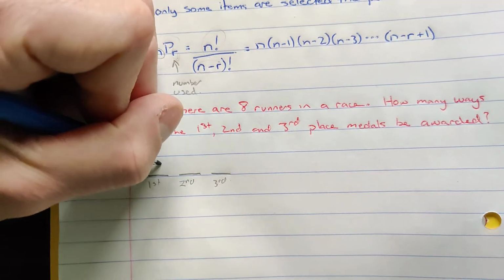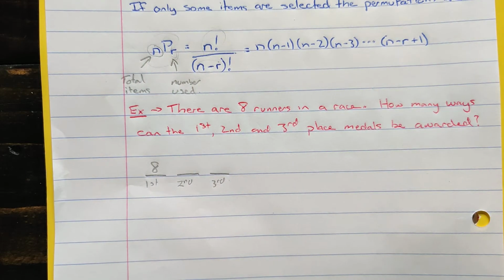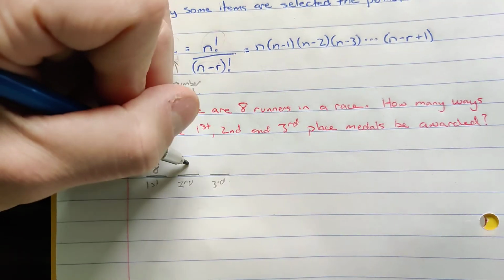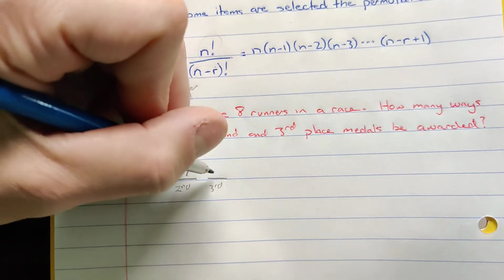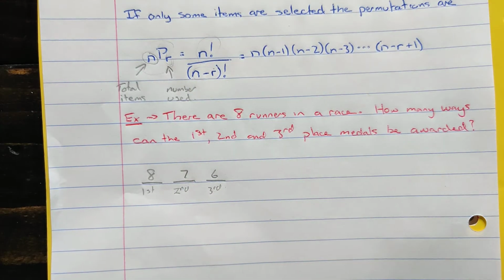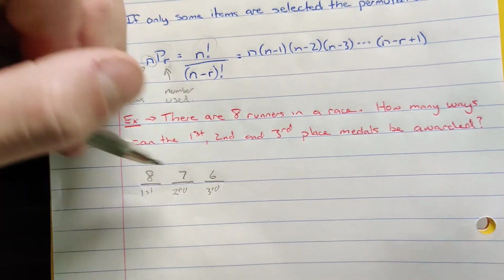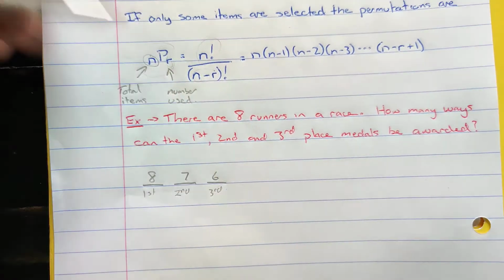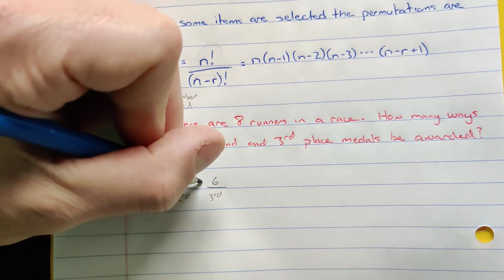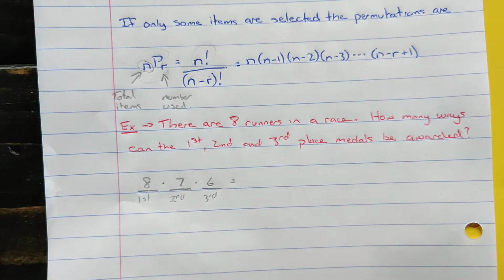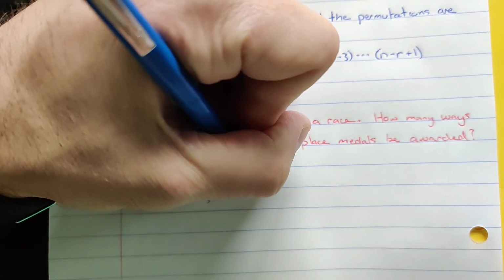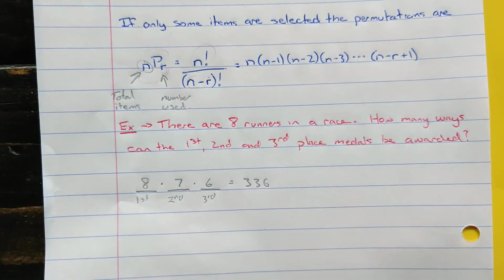Well, we have 8 people that could possibly come in first. Once we pick the first place person, we have 7 people that could come in second, and then 6 people that can come in third. So 8 times 7 times 6 gives us 336 different possibilities.